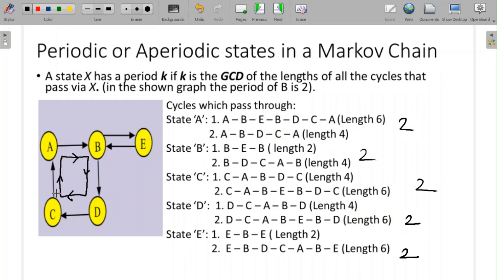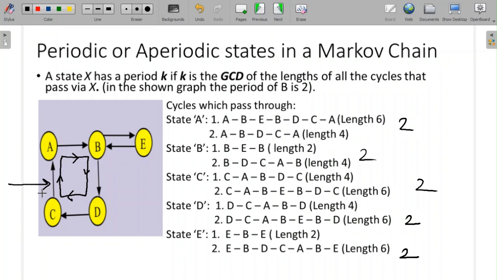For example, if you consider state A of this Markov chain, there are two cycles which pass through state A, one with length 6 and the other with length 4. I had given you the example of the length 4 cycle in the image. This cycle has length 4. The greatest common divisor of these two numbers, 4 and 6, is 2. Therefore, state A is periodic with a period of 2.